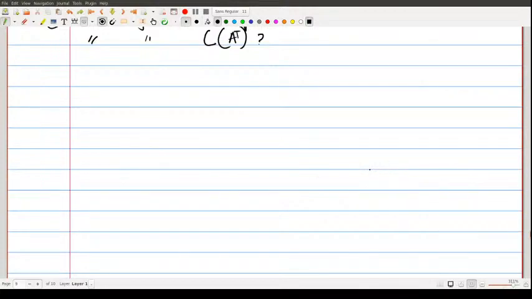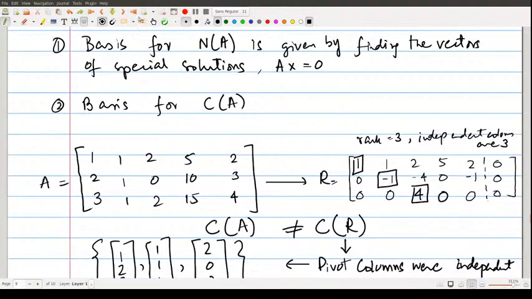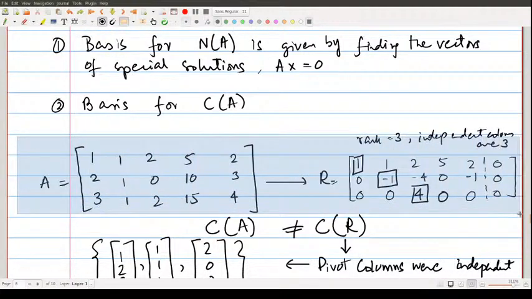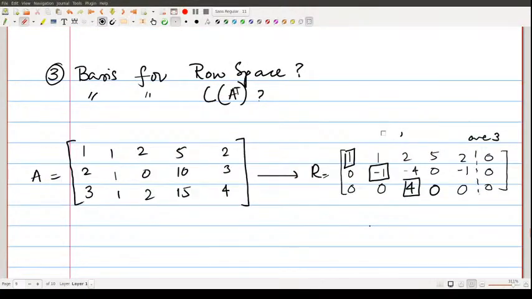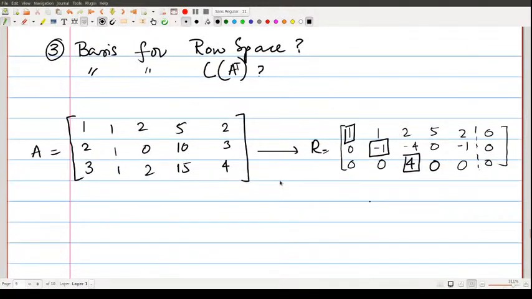Let's take this entire thing. So let's think about how we got from here to here. We did row operations, right? Gaussian elimination involves some row operations, which means, what were those row operations?